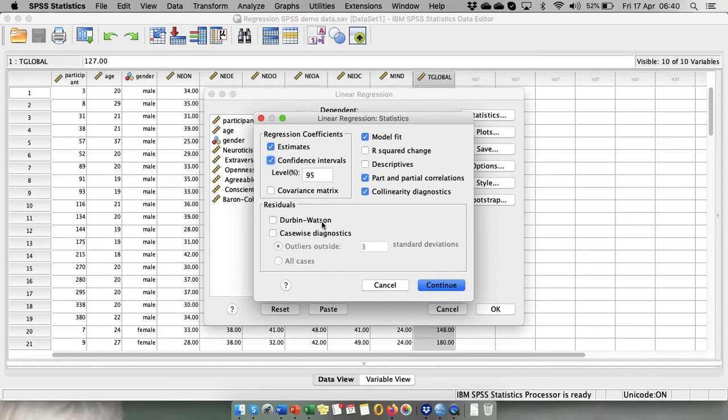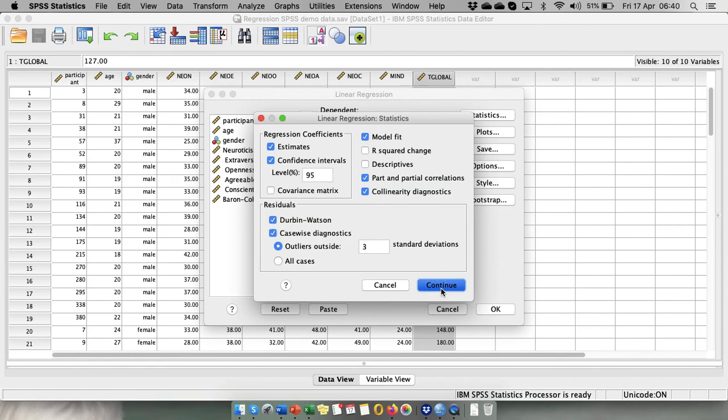And here is our Durbin-Watson test that can test the independence of observations. So we'll check this one, and case-wise diagnostics to see if there are any outliers outside 3 standard deviations. Sometimes people suggest going for the outliers that are outside 2, but let's keep it as the default of what we have in here.